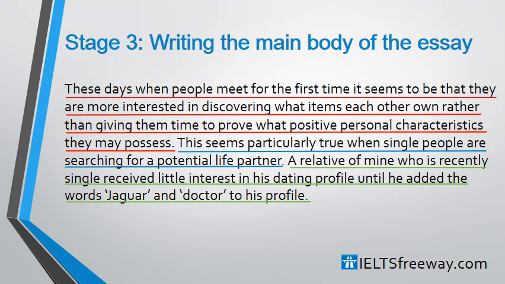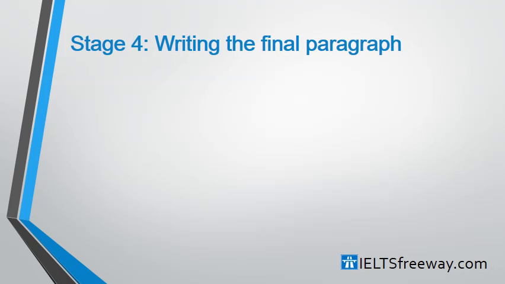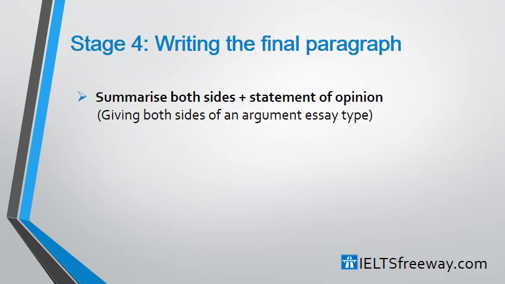Stage 4 is writing the final paragraph. Now, this will depend on which type of essay question you're doing. If you're giving both sides of an argument style essay, then you will summarize both sides and give a statement of your opinion.